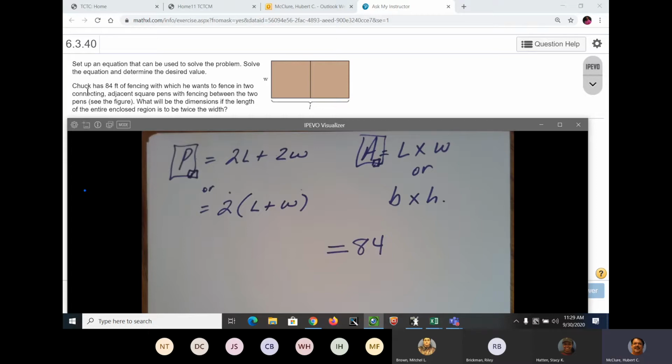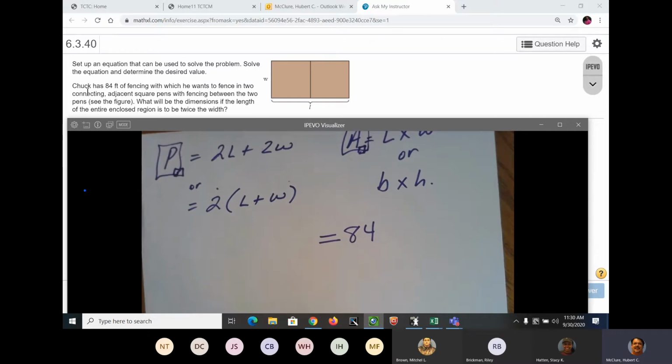Now you got to read this correctly, because he wants to fence in 2 connecting adjacent square pens with fencing between the 2. Okay, I'm going to draw a picture here, and there's a reason I'm going to draw a picture.